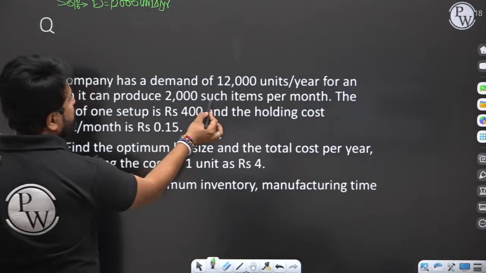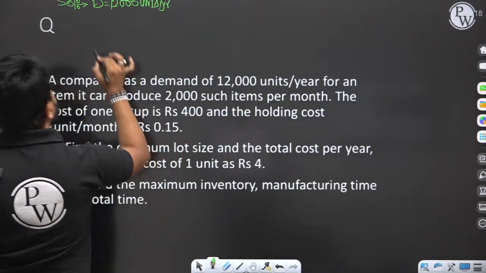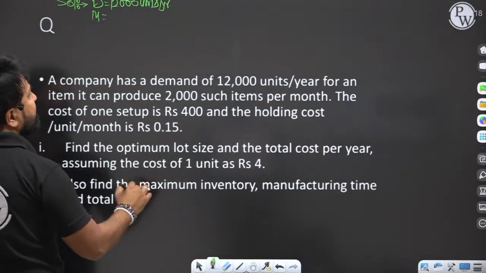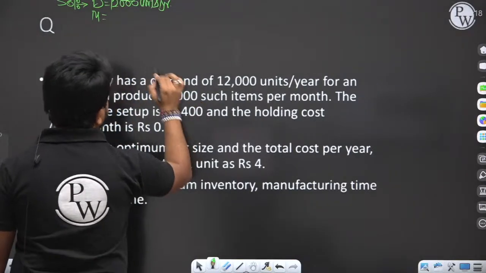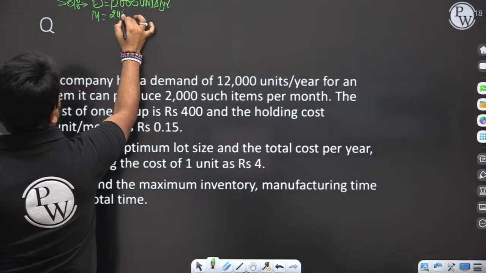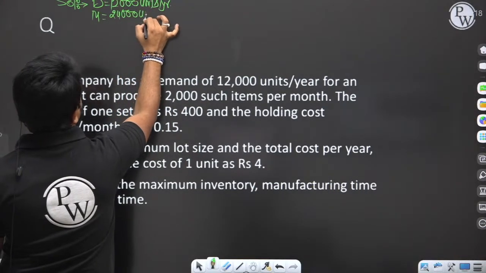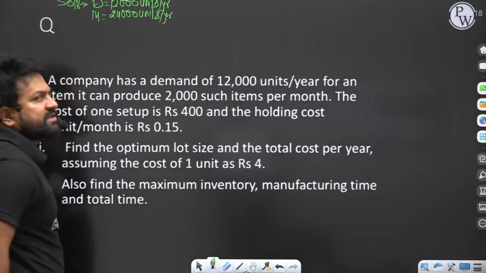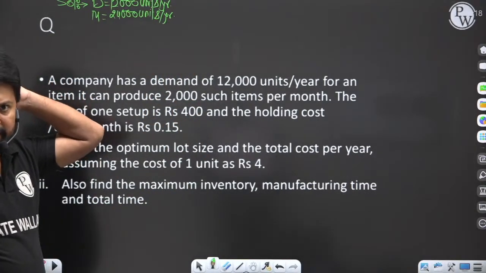And it can produce 2,000 such items per month. So he is manufacturing per month. So per year, how much can he manufacture? 2,000 into 12, so it is 24,000 units per year. So this is the manufacturing rate.